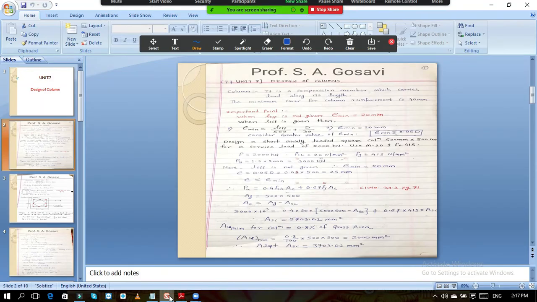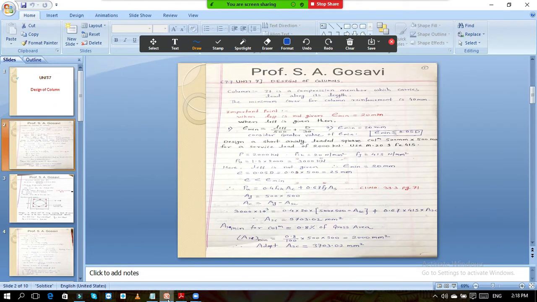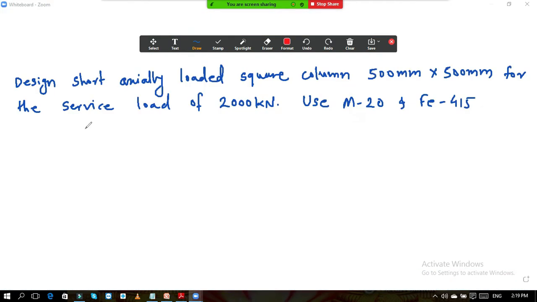So the problem is, design a short axially loaded square column 500 by 500 mm. FCK is 20 Newton per mm square, FY 415 Newton per mm square.